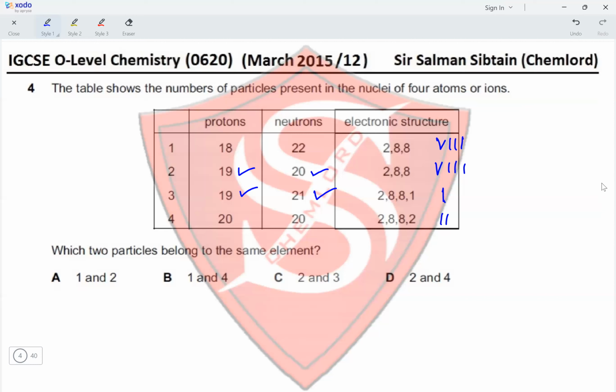Protons and neutrons make these two particles isotopes, and this electronic structure makes particle 2 an ion. So particle 3 is the atom, particle 2 is its ion. So which two particles belong to the same element? Particles 2 and 3. So this makes option C the correct option for this question.